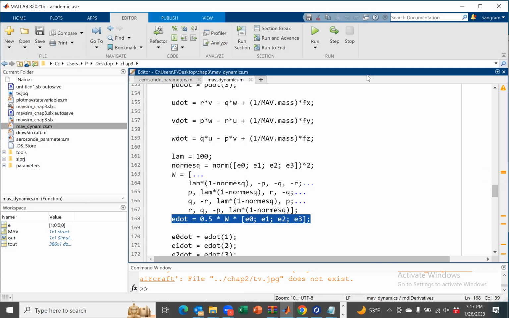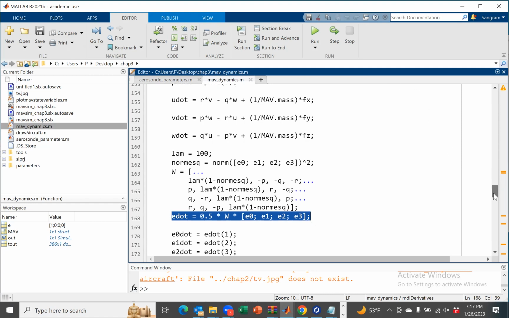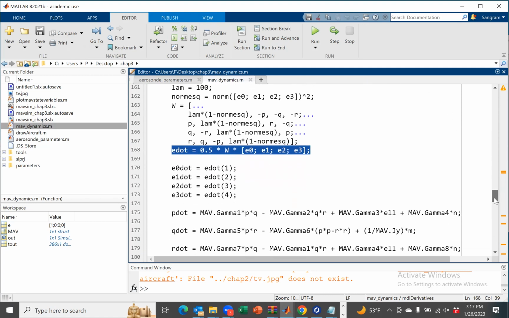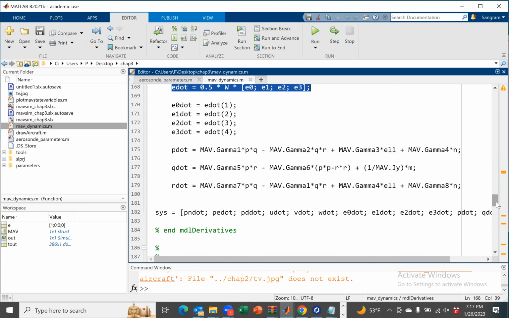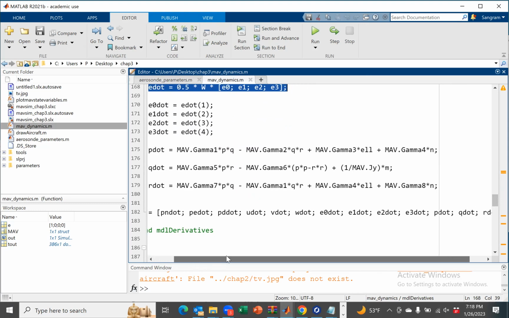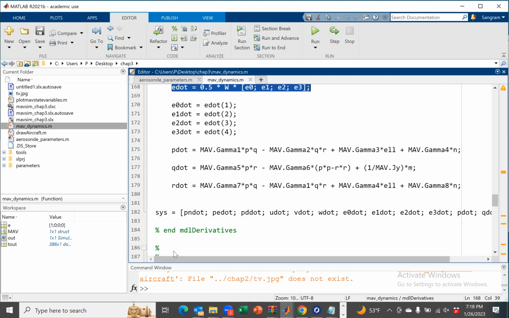Okay, does anyone else need to take a picture? Then you have these quaternions. Then finally, what you do is again P dot, Q dot, and R dot. These are the equations. And when you pass it on to the system, you see here. And I'm gonna stop here, but I haven't showed you one important part of the code that I want you to figure out.